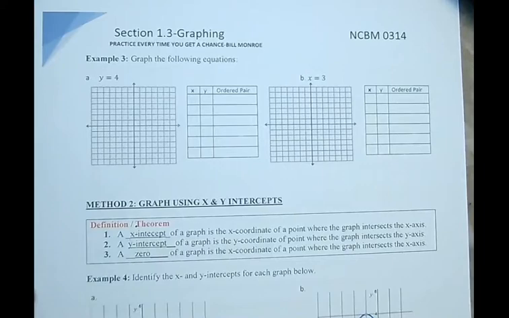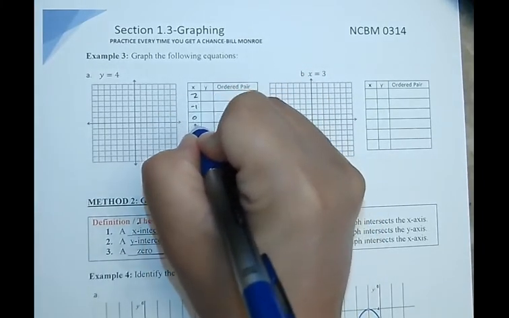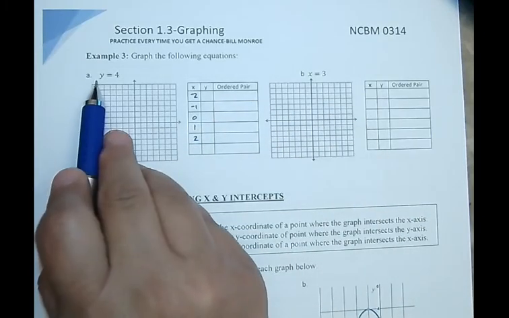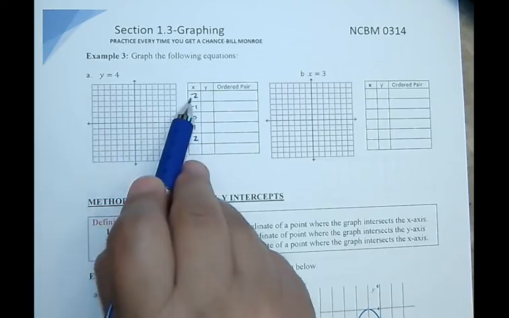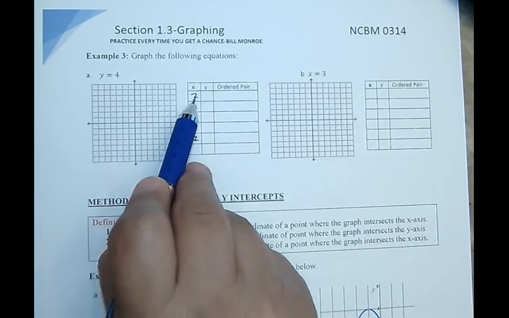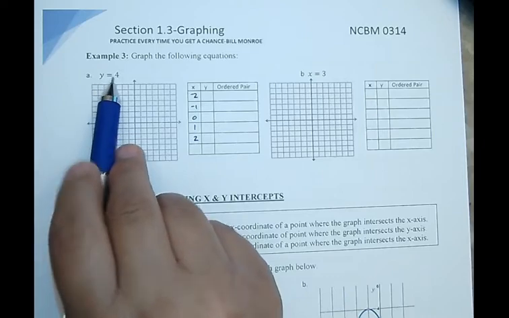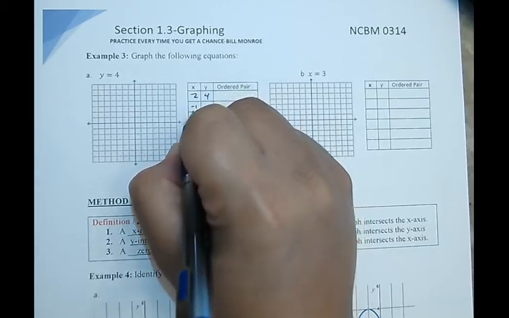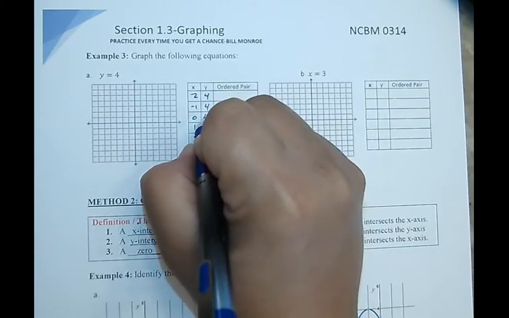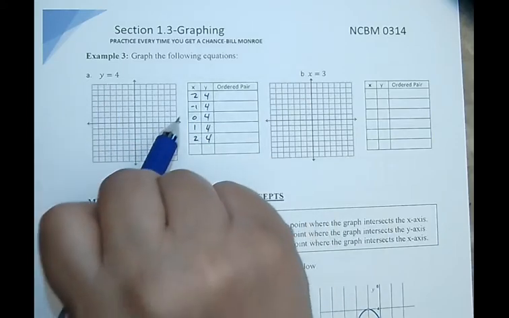Okay, let's look at 2 more examples here. So y is equal to 4. Again, you pick any numbers you like. In this example, we have y equals 4, but we don't have an x where we can plug in these numbers. So no matter what the x is, your y is always going to be 4. When x is negative 2, y is 4. When x is negative 1, y is 4, and so on. The reason is there's no x for us to plug in.